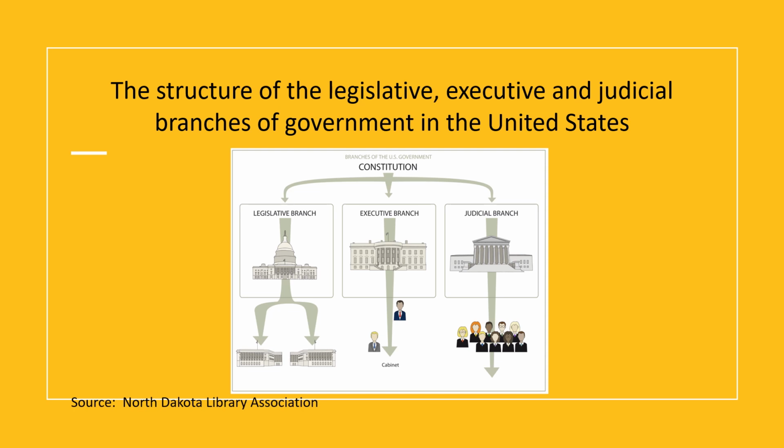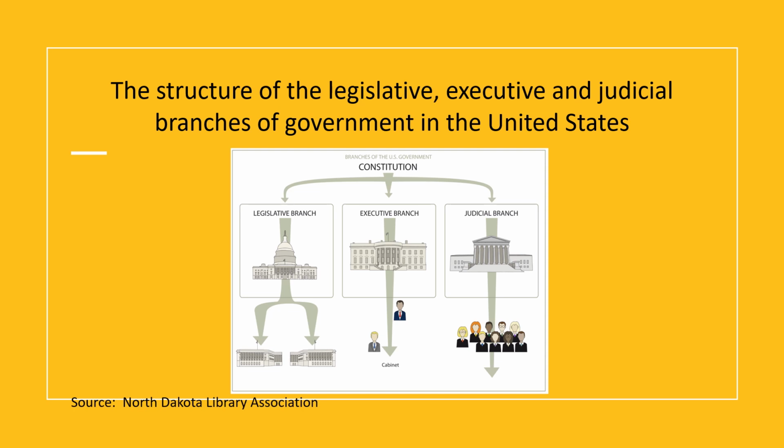Now we go to the third level of this information graphic, and we see that there are two chambers of the legislative branch. So if we go back up just one level, we see that there's a central dome that connects the two chambers. And so this is symbolic. This tells us that the two chambers, they are separate and distinct from one another, but they are also part of a greater whole, and that greater whole is the legislative branch.